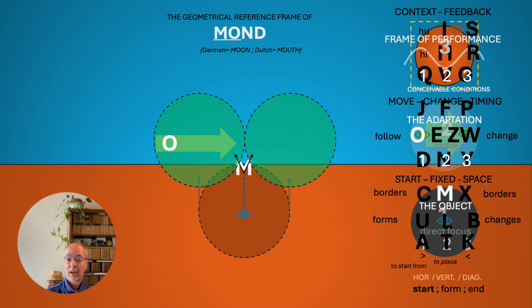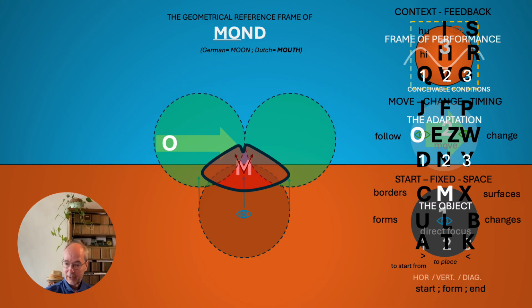Is the letter O actually the starting point of a follow-up? So it's a follow-up of what is going to change there. So I'm going, with my focus, towards the point or the direction in which it changes, and I emphasize that. That's the letter O. And basically it's explained well in this way.